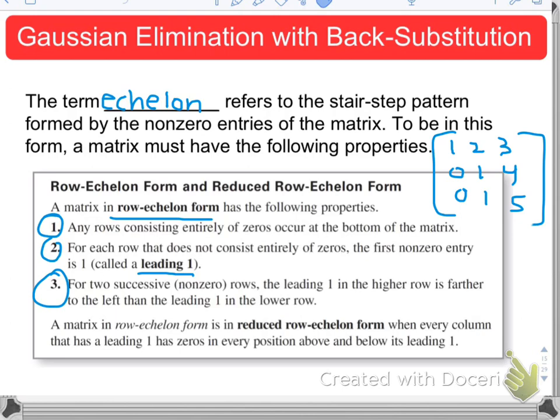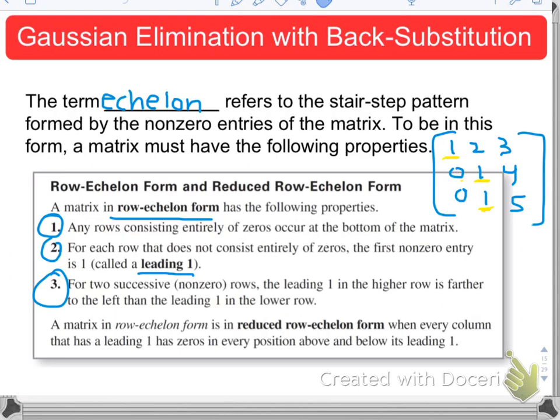We don't have a row of zeros, so we're good there. Second, for any row that does not consist entirely of zeros, the first non-zero entry is a leading 1. That's the leading 1. This is a 0 entry, but the first non-zero entry is 1, and the first non-zero entry here is 1. Okay, so conditions 1 and 2 are actually met with this matrix.